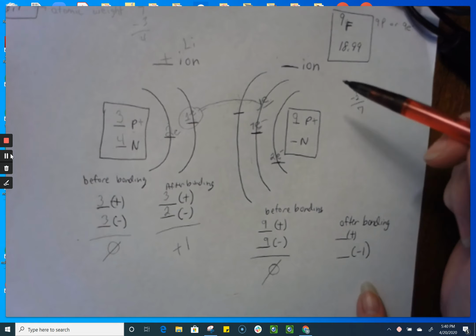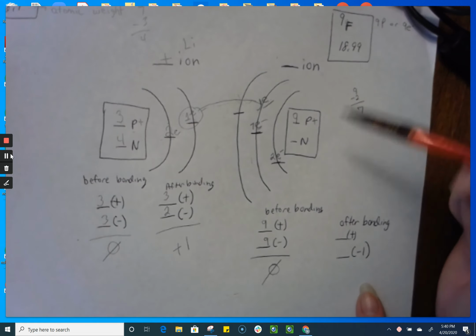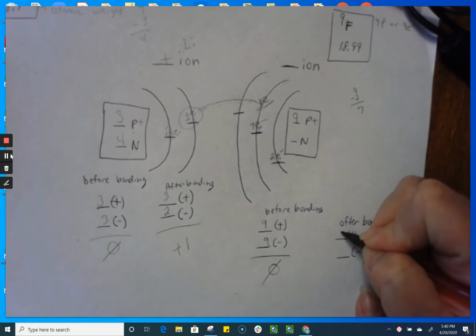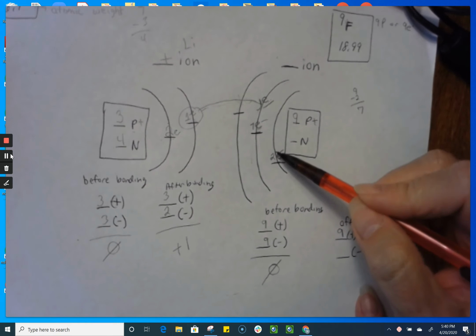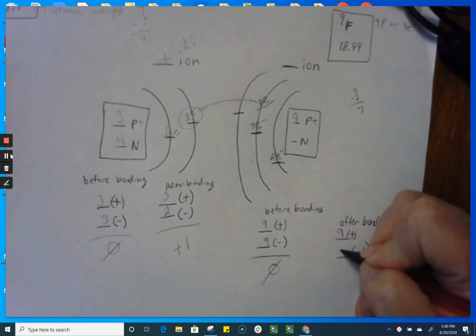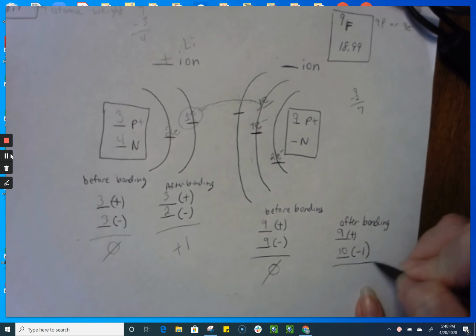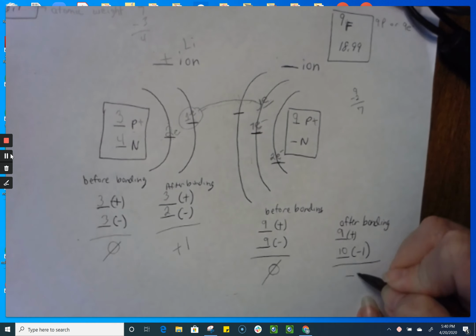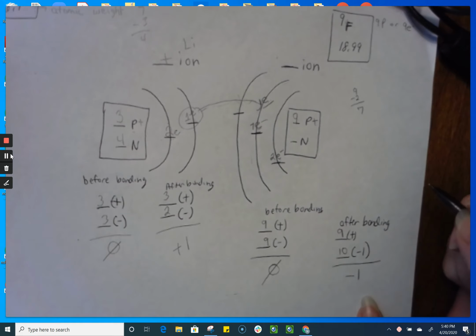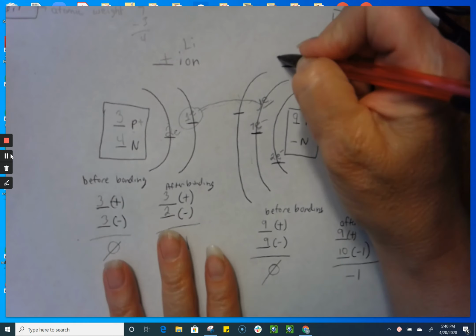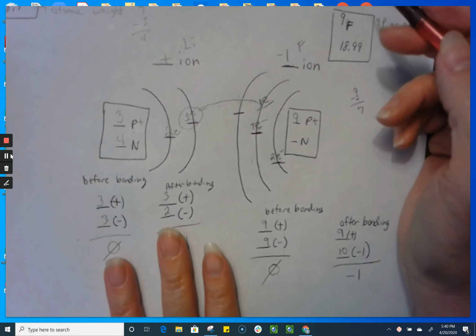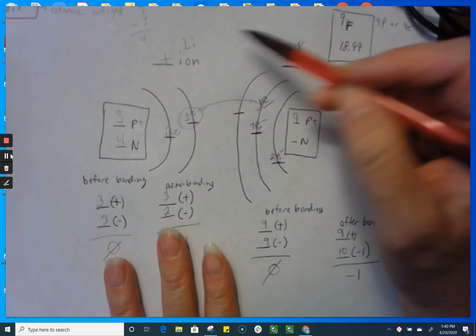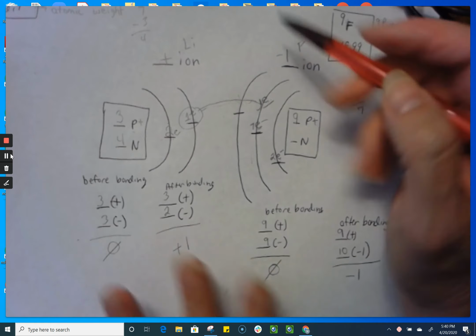Fluorine, on the other hand, has gained the extra electron. It still has 9 positive charges, has not gained protons, but now it has 10 electrons or 10 negative charges. It now has an overall charge of -1. So fluorine is now a -1 fluorine ion. And opposite charges, positive and negative, attract.